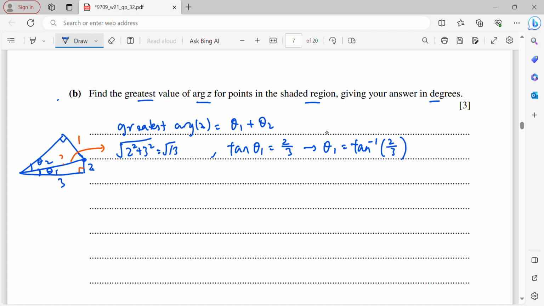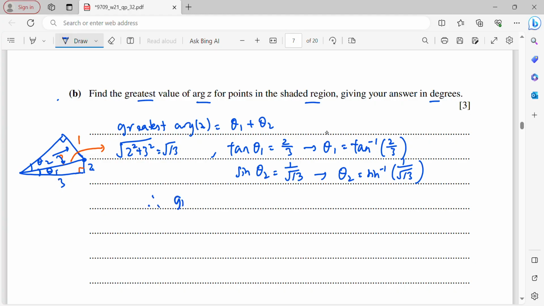Now for theta 2, I know the opposite side is 1, and the hypotenuse is square root 13. So opposite and hypotenuse is going to be sine. Sine theta 2 is 1 over square root 13, which means theta 2 is inverse sine 1 over square root 13.